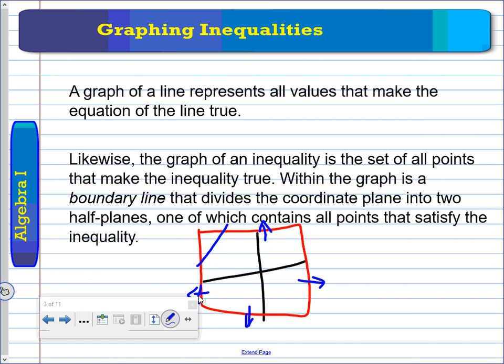It may not look like half of the view you're looking at, but the space is infinitely large. So don't get too hung up on the idea of a half plane being exactly half of the graph you see. It's just taking this enormous, infinite sheet of paper and drawing a line all the way through it. One side of the line is all the solutions, the other side of the line is all the things that are not solutions.